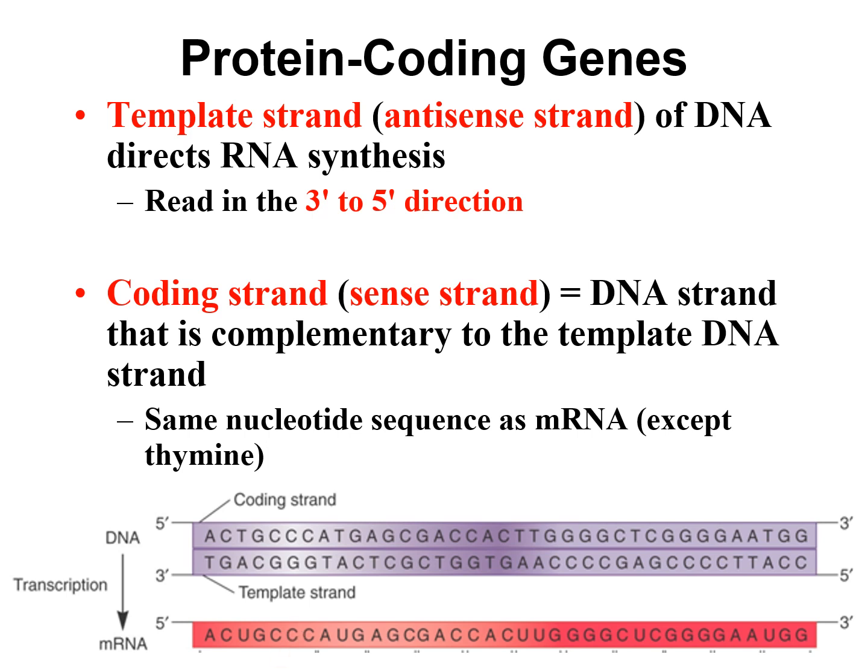Okay, now just a couple of terms here. Sometimes you'll see the template strand called the antisense strand. When you see the word antisense, it just means that it's complementary to the messenger RNA. You can see that if you look.